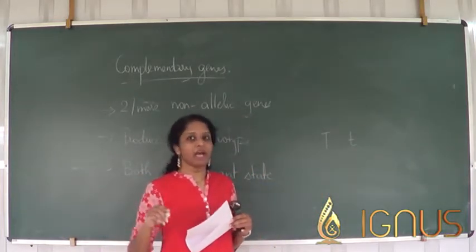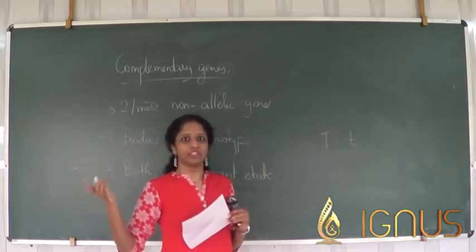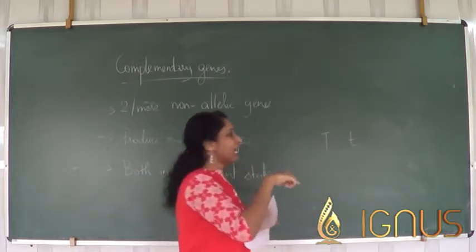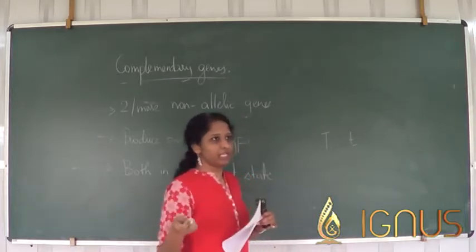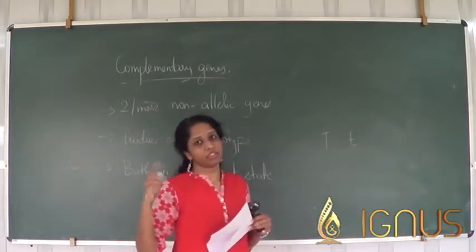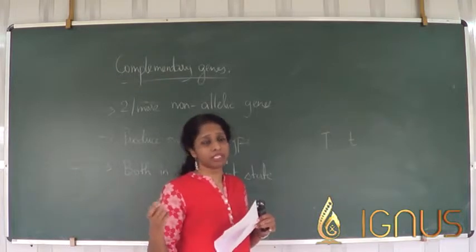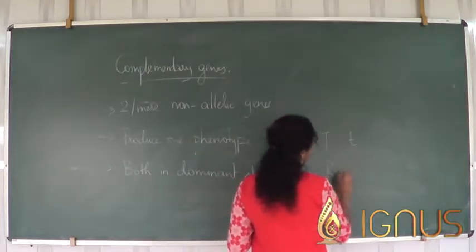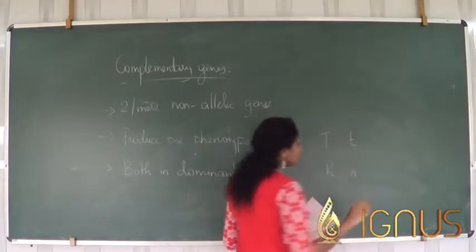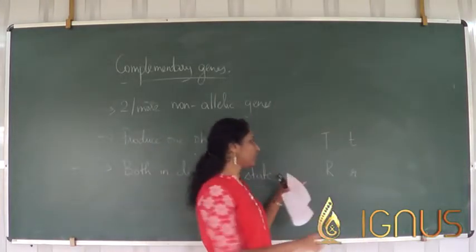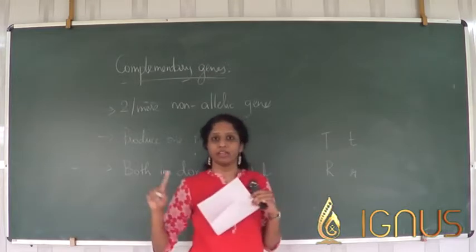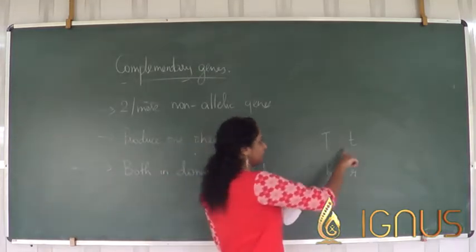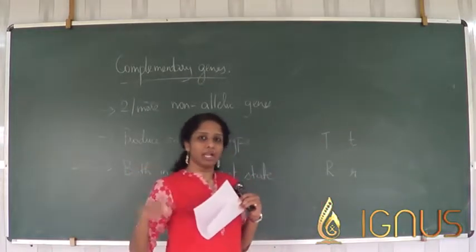But when you have non-allelic genes, as in if you take the genes for, let's say, tallness, and then the genes for, for example, the shape of the seed in case of garden pea, which would be round and wrinkled. So these two are alleles for the shape of the seed, and these two are the alleles for the plant height.